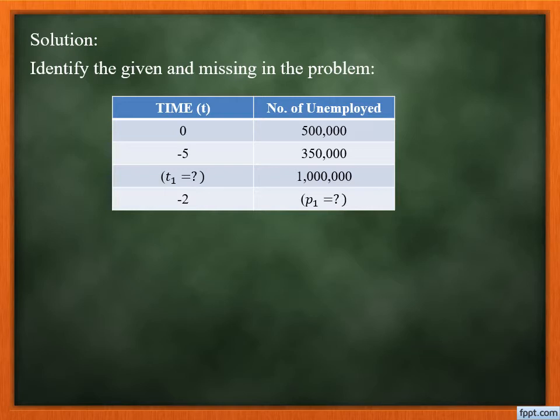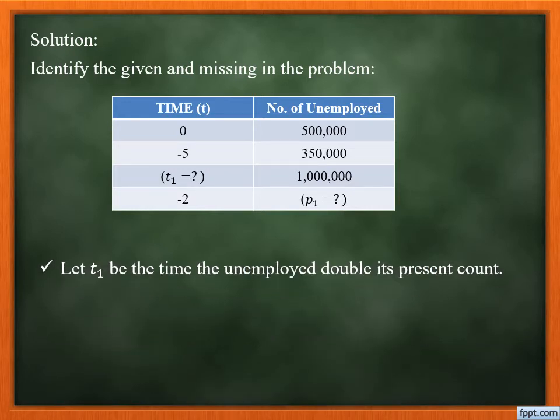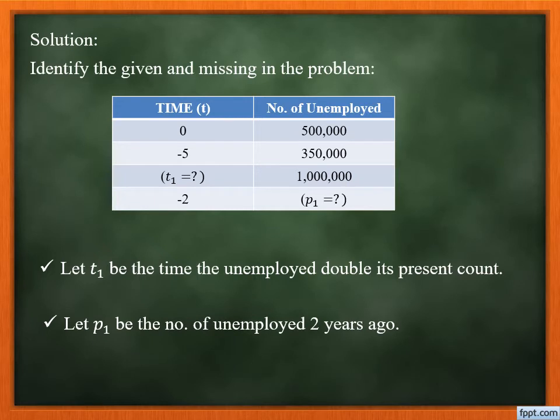I represent the missing time for the first problem as t sub 1, and the missing data for problem number 2 as P sub 1. The t sub 1 represents the time the unemployed double its present count, and the P sub 1 represents the number of unemployed 2 years ago.